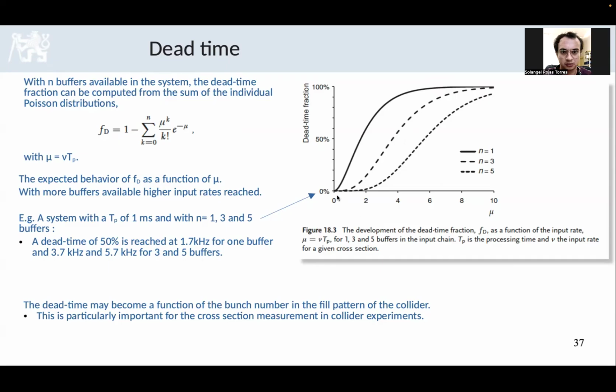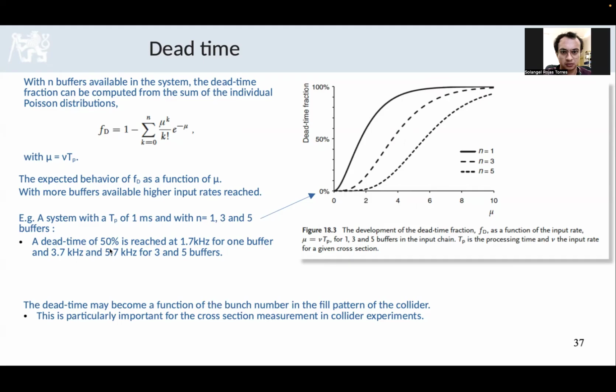So for example, here when you have a buffer of 1, you reach the dead time fraction very fast. But when you increase to 5 buffers, you reach this limit later on. This is an example of a system with a processing time of 1 millisecond with 1, 3, and 5 buffers.